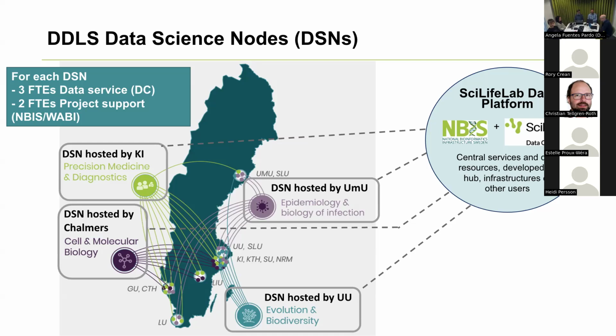For each of these data science nodes, there are 3 full-time equivalents working with data service led by Data Centre, and 2 full-time equivalents working with project support, and they are hosted by NBIS. So this is very much a collaboration between NBIS and the Data Centre at SciLifeLab.